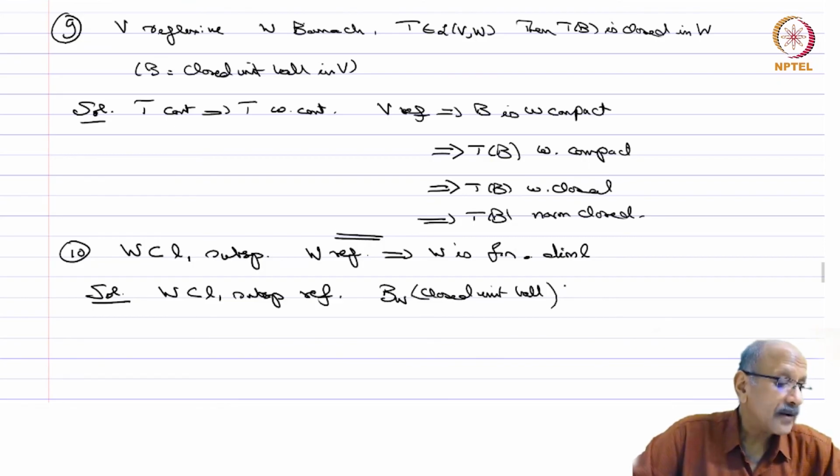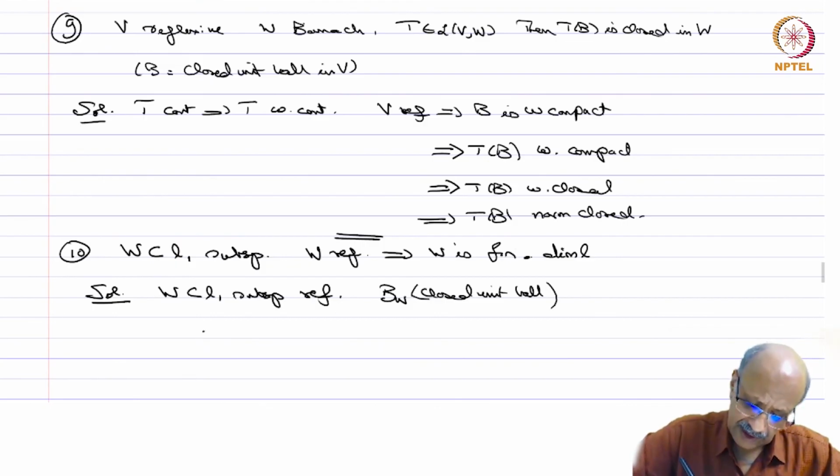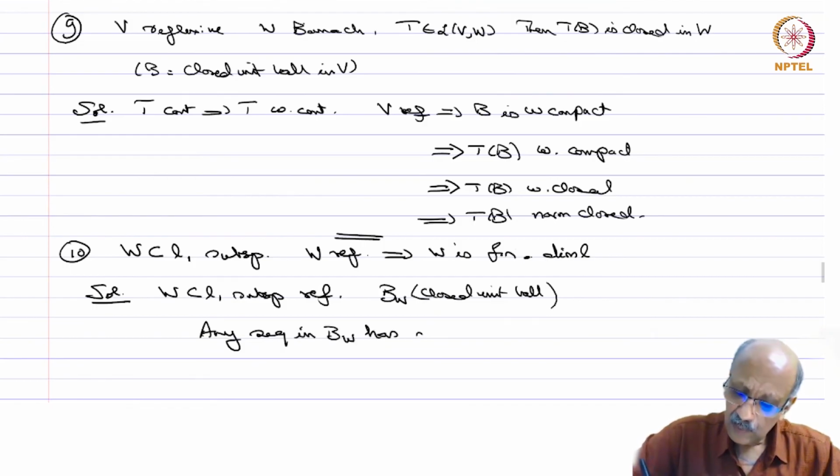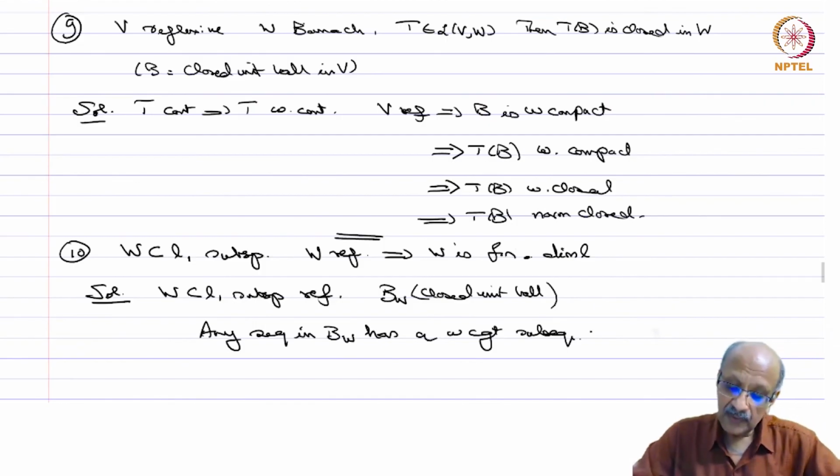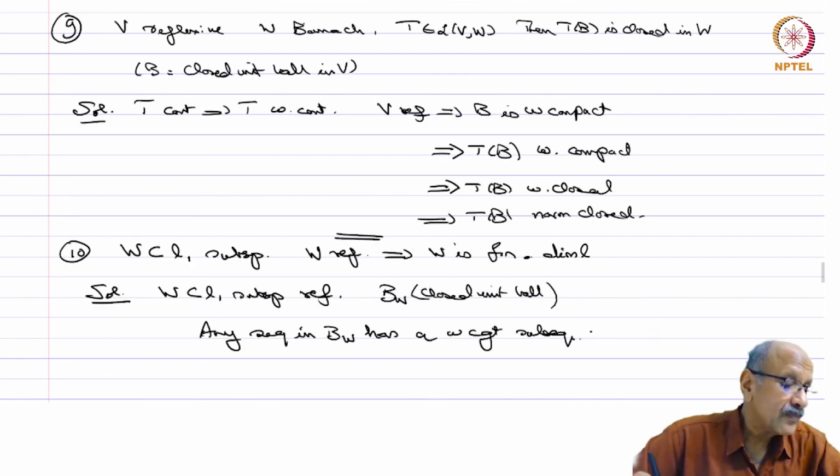So that means BW, the closed unit ball, is weakly compact. So then any sequence in BW has a weakly convergent subsequence, because we saw that in a reflexive space any bounded sequence has one. The converse of this was the Eberlein-Smulian theorem.